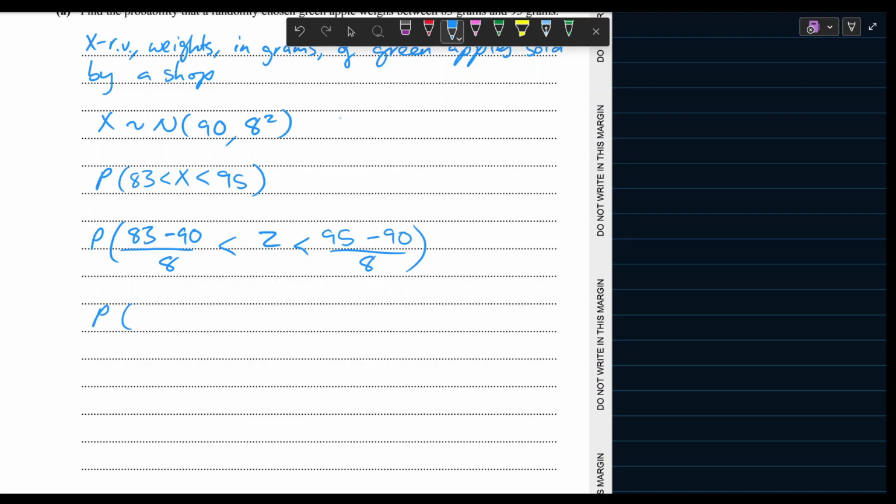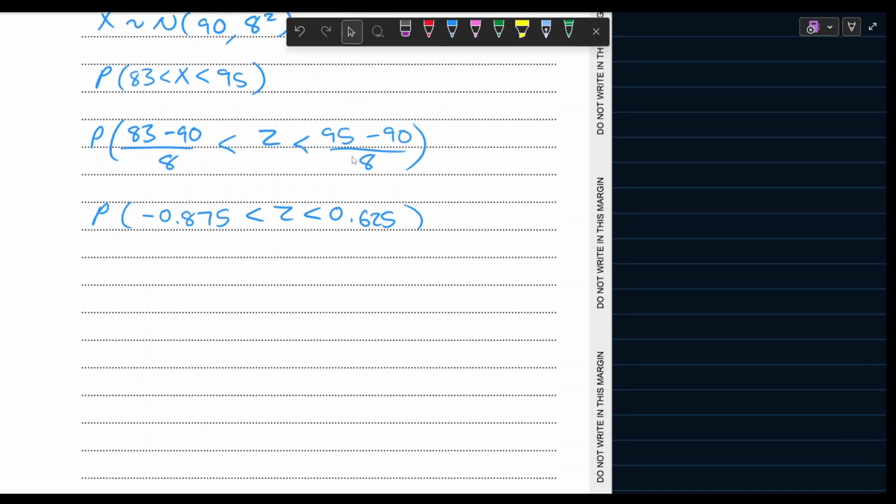And so if we simplify, we've got 83 minus 90 over 8, and this gives us negative 0.875, and this is less than Z, which is less than 95 minus 90 over 8, which gives us 0.625.